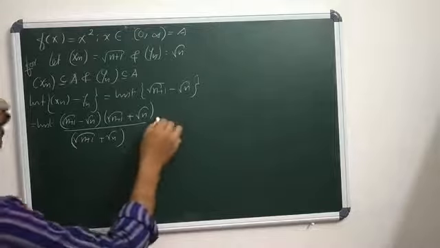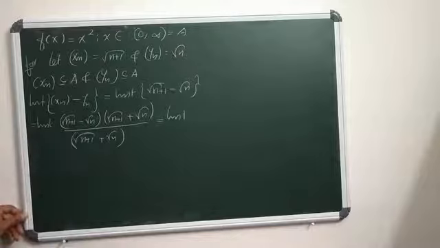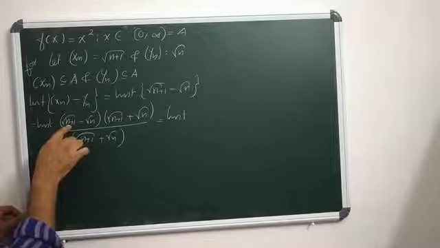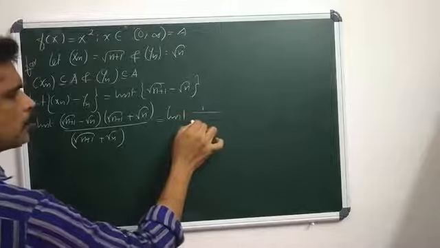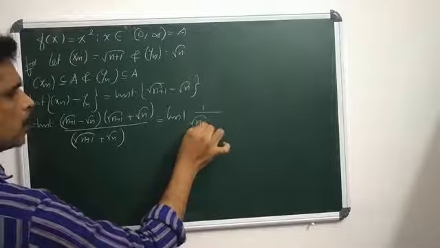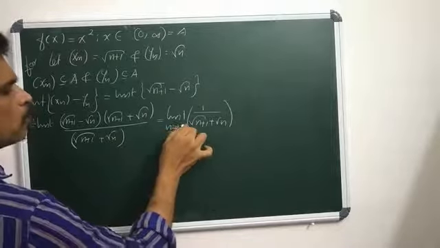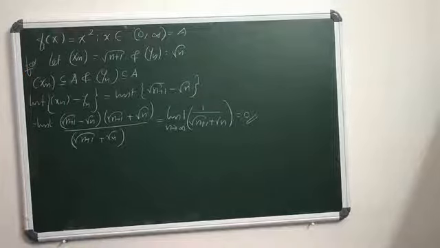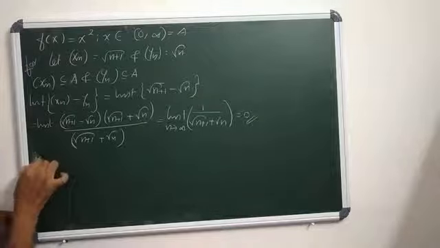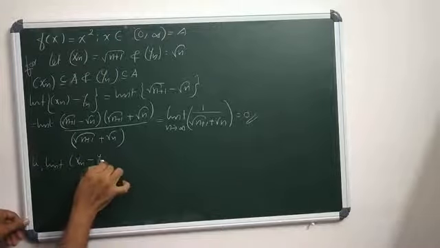Using a plus b into a minus b equals a squared minus b squared, we get n plus 1 minus n, so it is 1 divided by root n plus 1 plus root n. The limit as n tends to infinity is 0. That means the limit of xn minus yn equals 0.